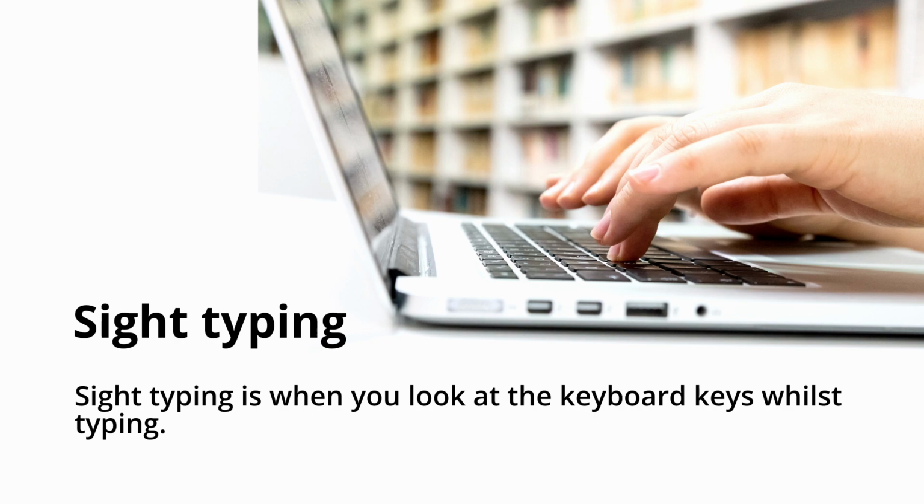The operator reads a few words from the matter to be typed, and then types the same by looking at the keyboard, and again reads some words, and then types it again, and goes on repeating this process until the whole page is typed. All right, so you continue looking at the text that needs to be typed, and then you look at the keyboard until you're done typing that whole page.